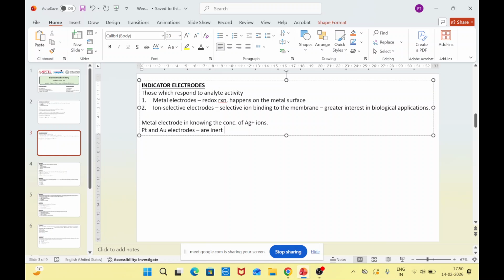In order to combat this problem, carbon based electrodes are often used. The major reason why carbon based electrodes are used in place of these metal electrodes is that carbon materials are usually cheaper compared to platinum or gold. And the second thing is that the electron transfer kinetics for these carbon based materials are usually very high.